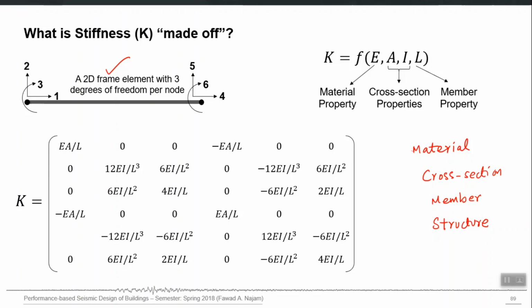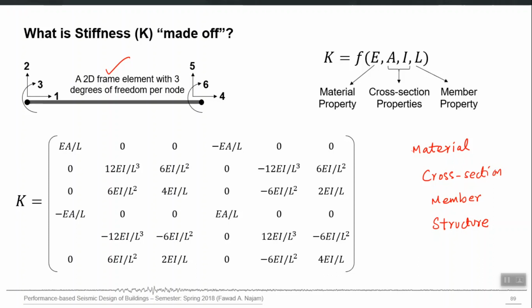A material property, which means that when the program is constructing K matrix, from material it only requires E, right? And I am talking about linear modeling. K matrix means a constant K matrix, which means the model is linear. So if the model is linear, from material side, software only requires one number, E, for your material.